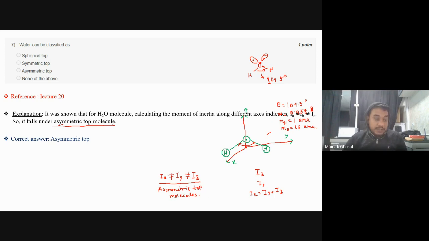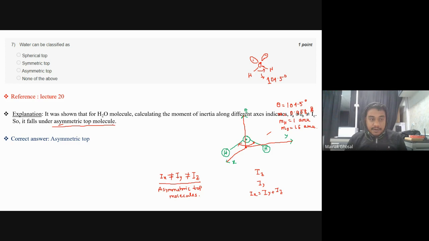Okay. So up to this, I have discussed with simple examples what kind of molecules could be spherical top molecules, and which kind would be symmetric top molecules. In symmetric tops you could have two different kinds of molecule: prolate and oblate. Prolate molecules show a rod-like structure, and oblate molecules show a disc-like structure.